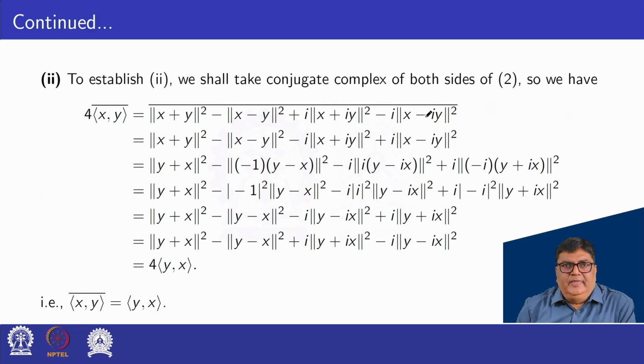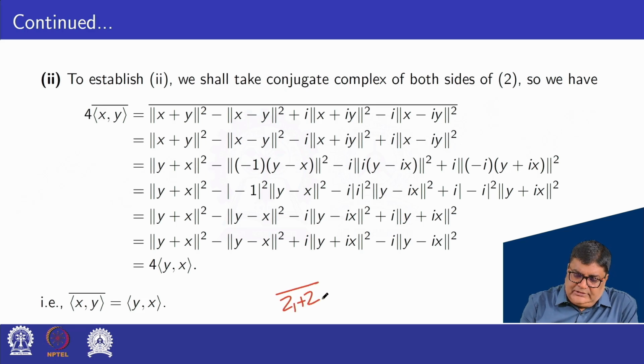Okay, so this is real, and this part is complex, and this is also complex. Okay, we know that the complex conjugate of z1 plus z2 is equal to z1 bar plus z2 bar.